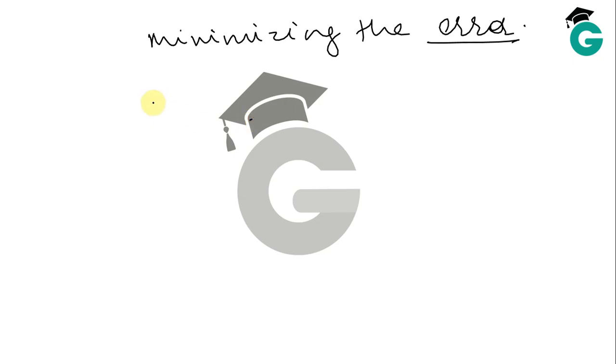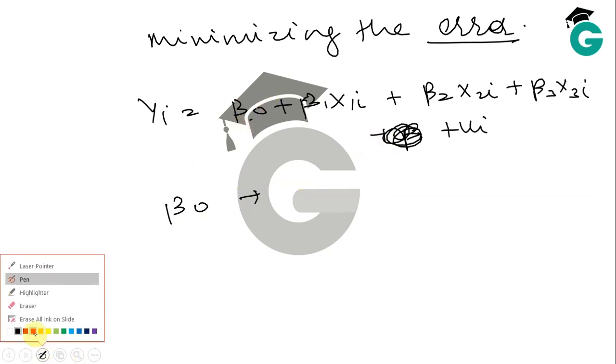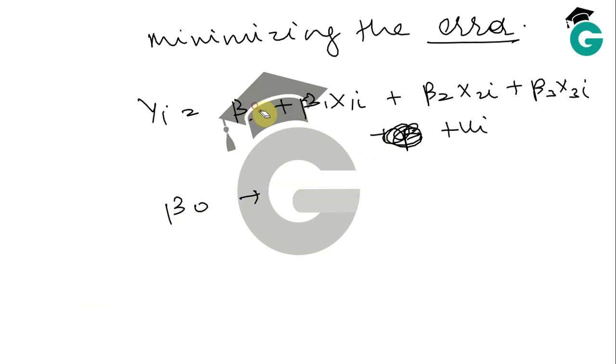Okay, so like I said, your PRF is given by yi is equal to beta naught plus beta 1 x1i plus beta 2 x2i plus beta 3 x3i plus, let's say, ui. Let me correct that for a second. Please bear with me.